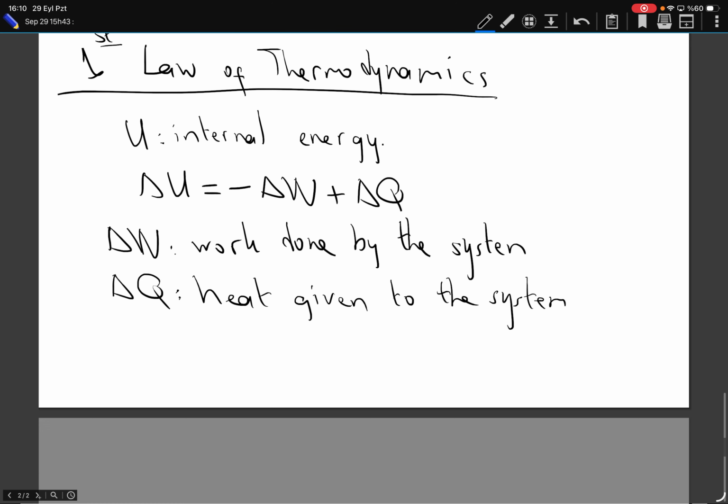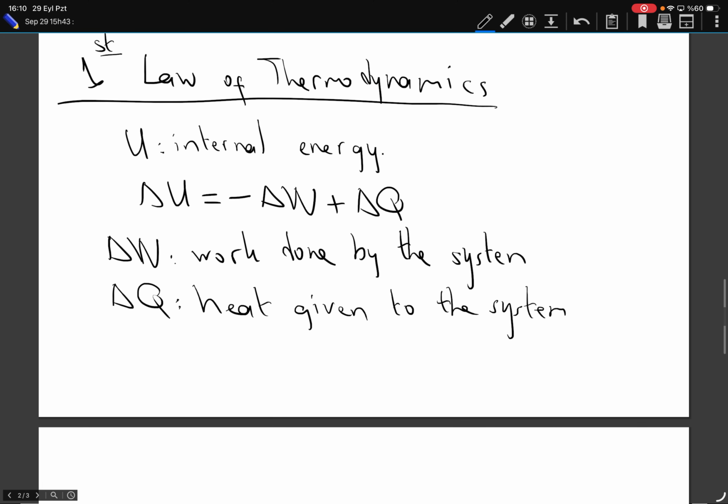Now, just a warning. It kind of seems trivial that, okay, if the energy is changing, it's either the system is doing work or we are giving energy to it. But a couple of things that you have to pay attention to. You see, this delta symbol we usually use to denote changes in a quantity.